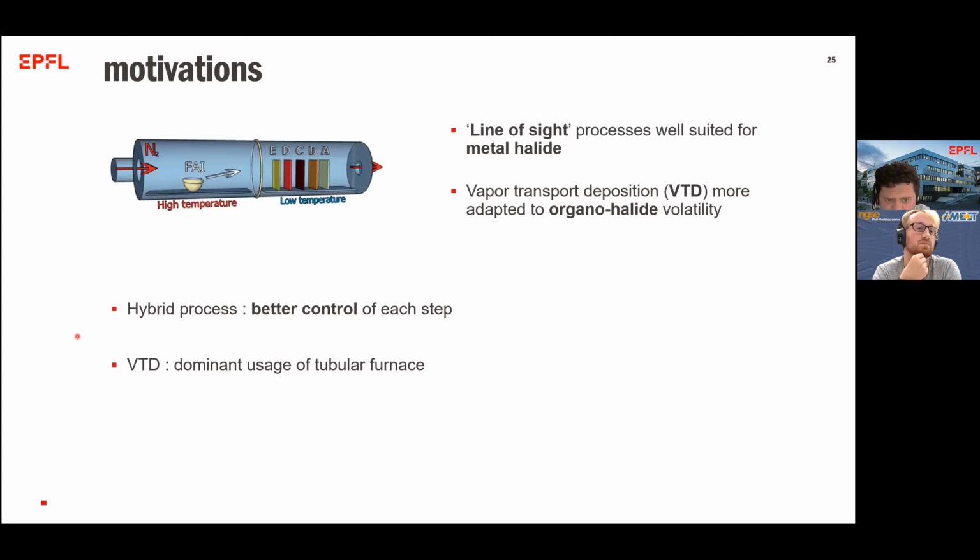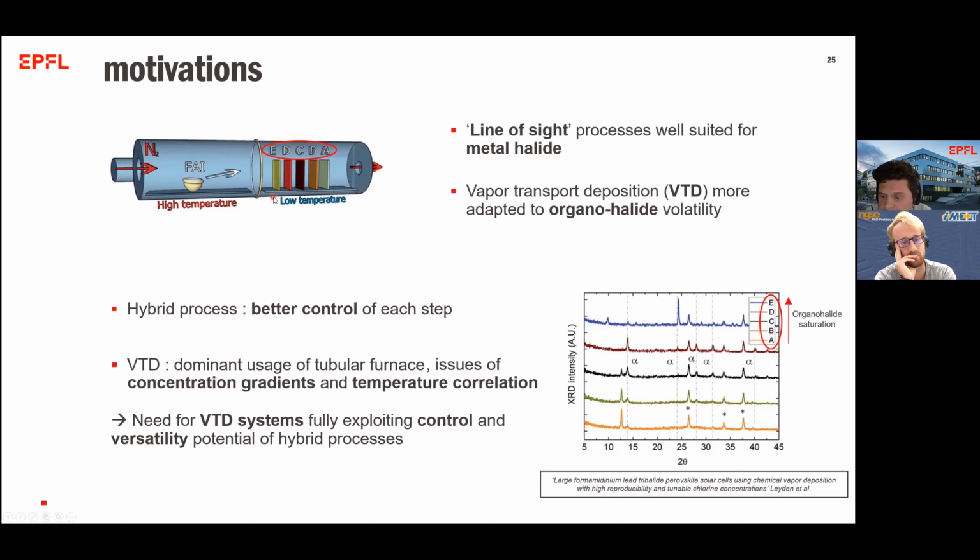You can run from a system with an undersaturation in the back, position A, to a heavily oversaturated one within less than 10 centimeters. And if you want to make a sample bigger than 10 centimeters, you will most likely have a concentration gradient across it, which is of course not something that we want.